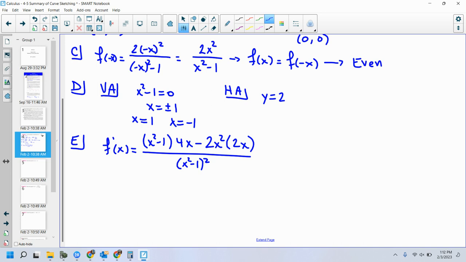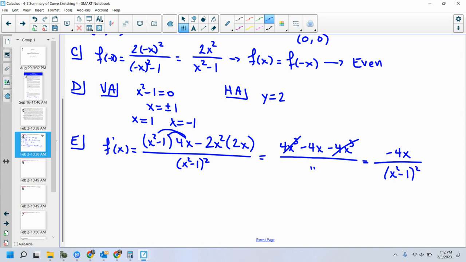Remember when that was like a big deal in and of itself, just doing a quotient rule problem? Whoa, that was a lot. We're growing so much. 4x cubed minus 4x, minus 4x cubed. Those are ditto marks. So that means we've got negative 4x all over x squared minus 1 squared.